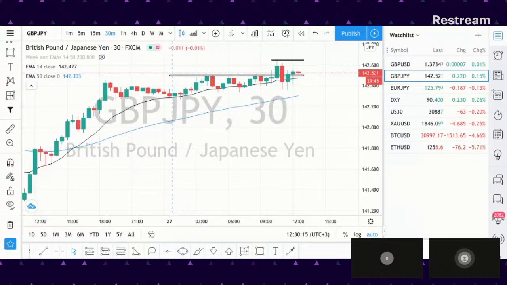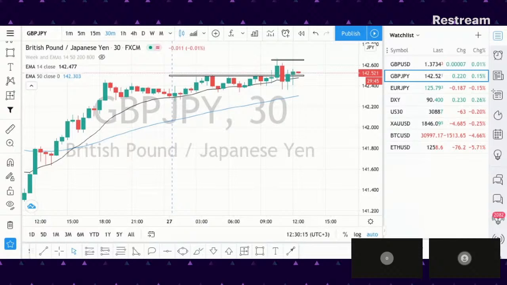Hey guys, I'm back. We're talking about the currency pairs. There are four types of currency pairs: major pairs, minor pairs, cross pairs, and exotic pairs.